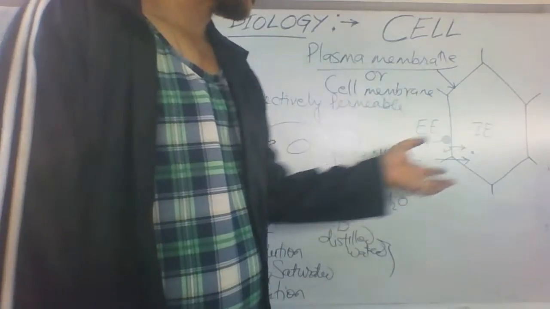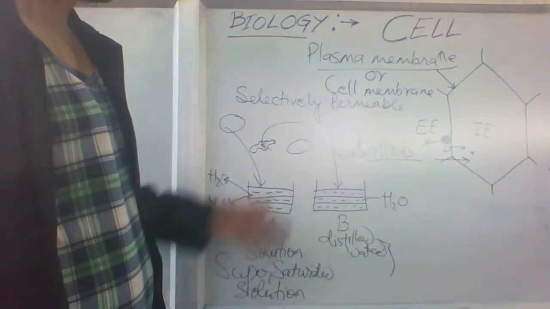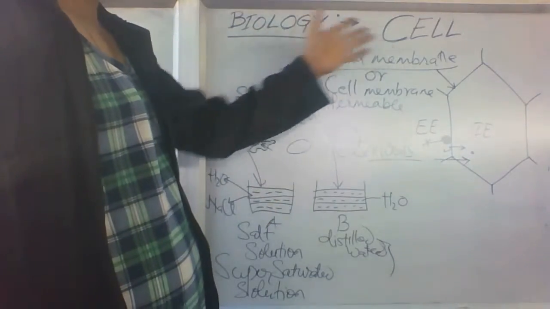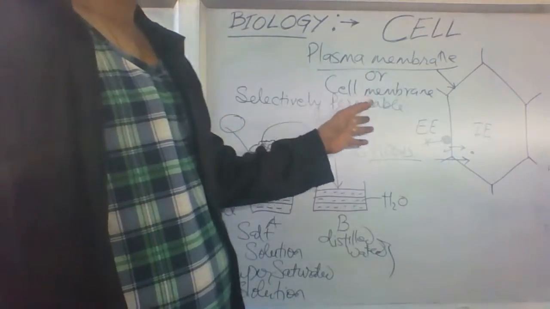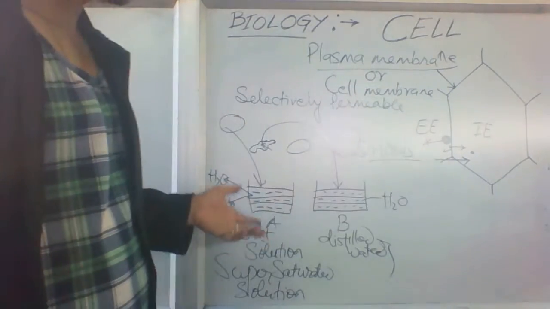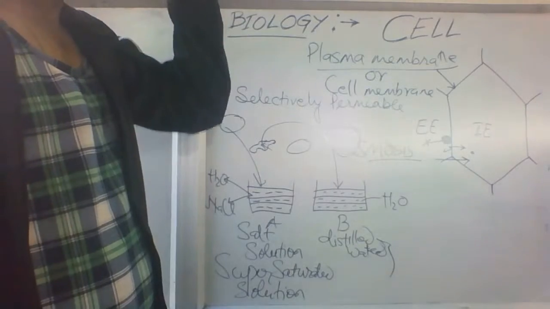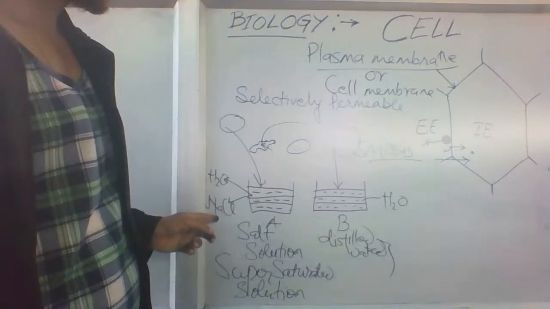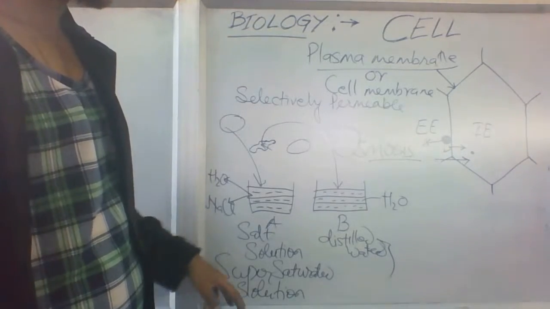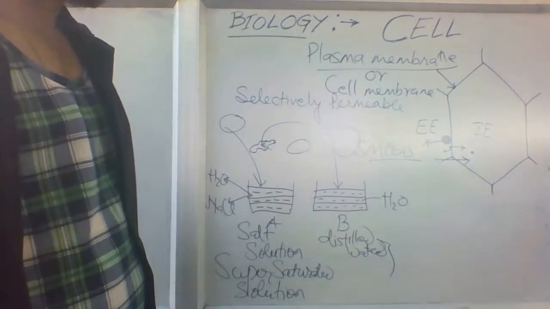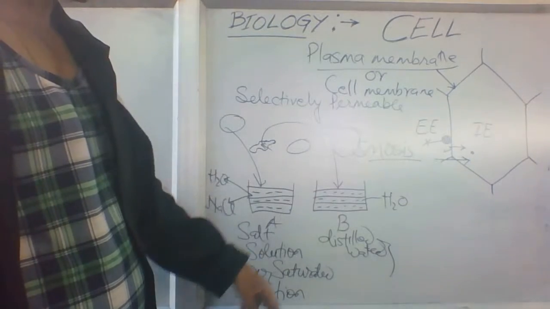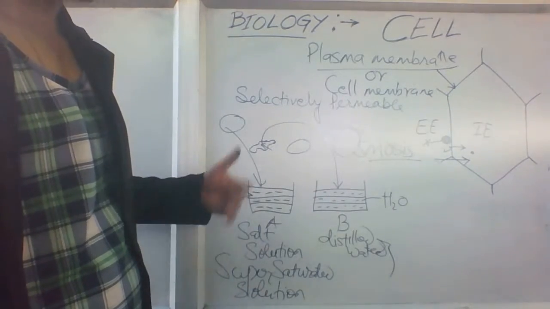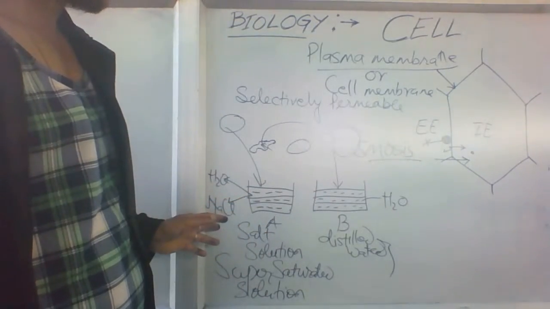Diffusion is for the gases and osmosis is for the water. So this plasma membrane or cell membrane, which is called the selectively permeable membrane, I have shown you a few examples. This is a solution with a higher concentration of salt, which is called the supersaturated solution, and this is an unsaturated solution, because super means more saturation of NaCl particles.